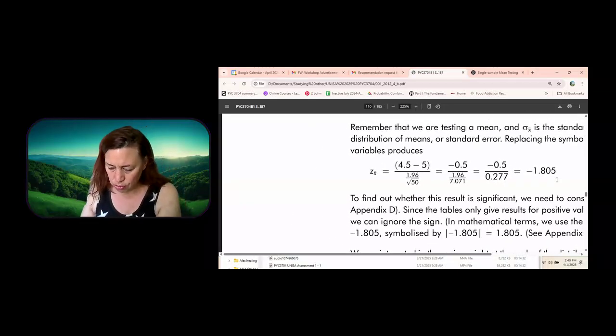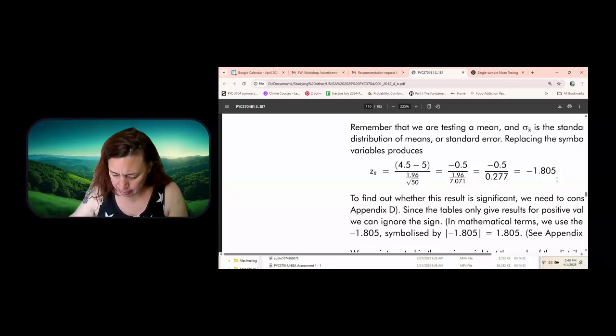Now you go to your Z table, okay, in Appendix B, 1.805. Remember that it's in both directions, so something has to be multiplied by 2.